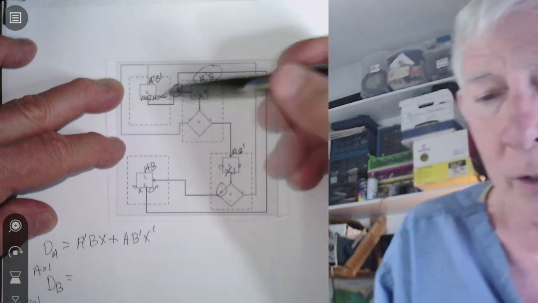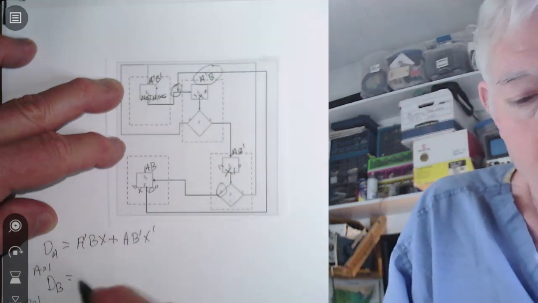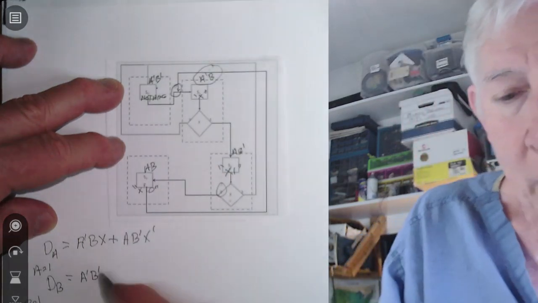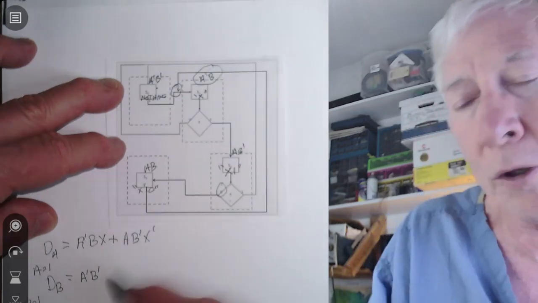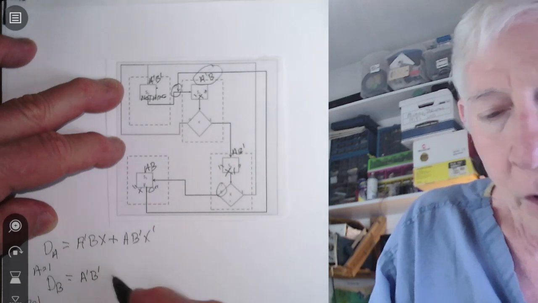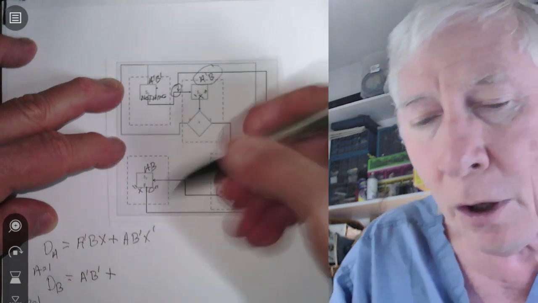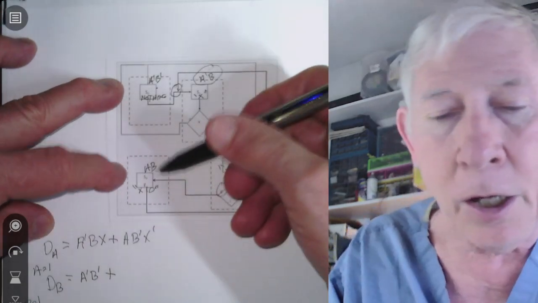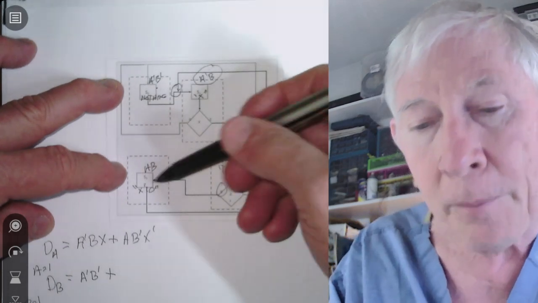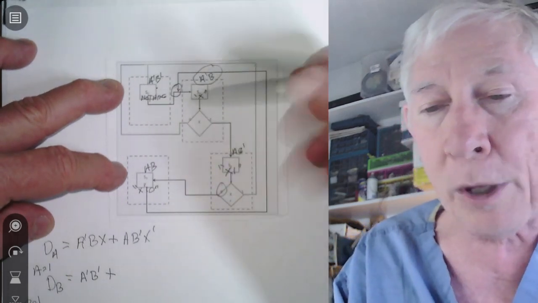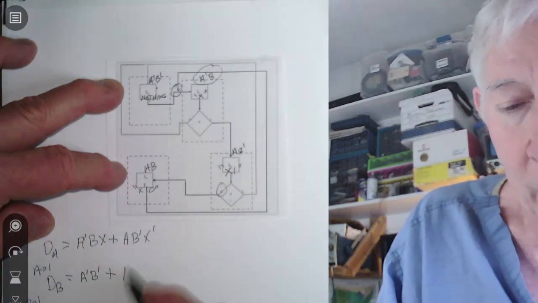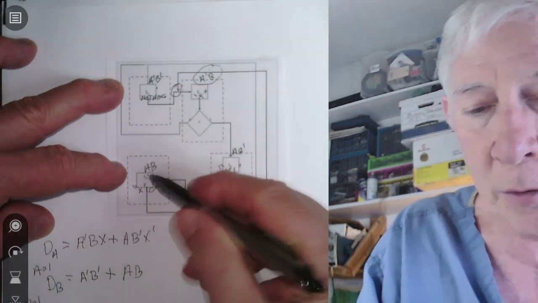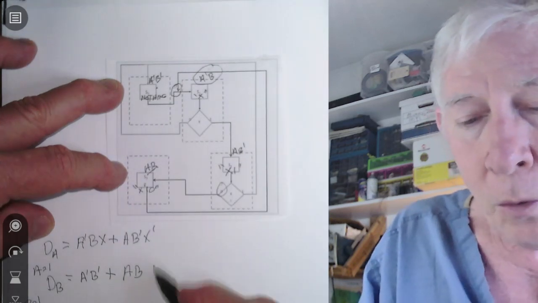So the first one is from S0, which is A prime B prime, and there's no X involved, so it's just A prime B prime, because it goes there whether X is 1 or 0. And then the second path comes from S3, and it doesn't depend on X either, so we just write A, B, because that's what S3 is. And now, what else?